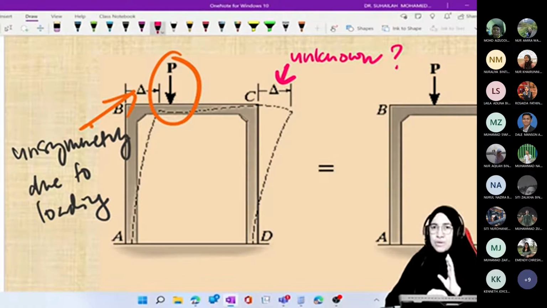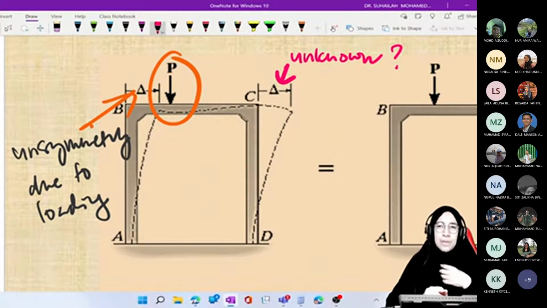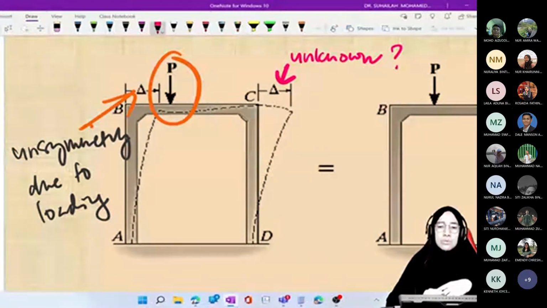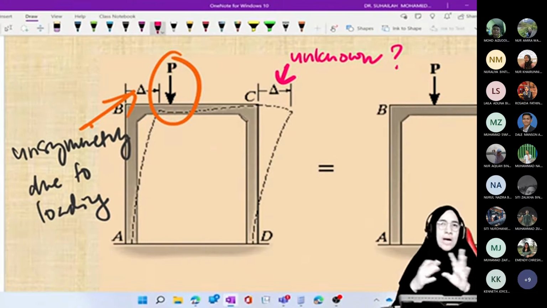That is why, when we want to analyze end moments using the moment distribution method for a frame, we have to apply what we call the principle of superposition. Under the principle of superposition, we have to divide the FEM: one is due to loading, one is due to delta.